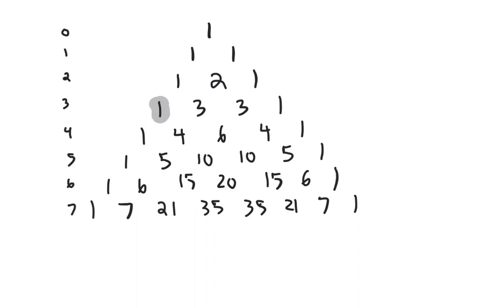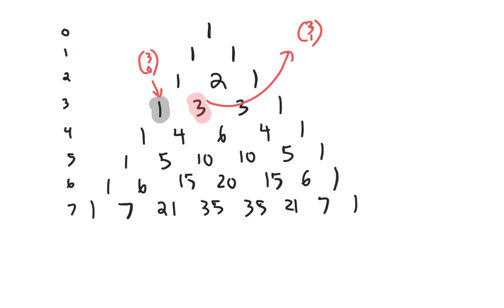This entry is saying how many ways I can choose 0 things from 3. And this entry we can think of as how many ways we can choose 1 thing from 3. And we can continue that idea for all of this.